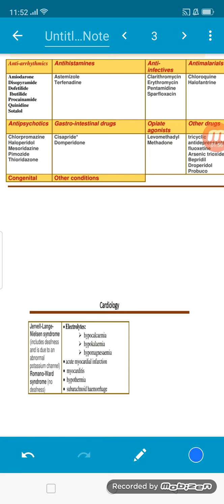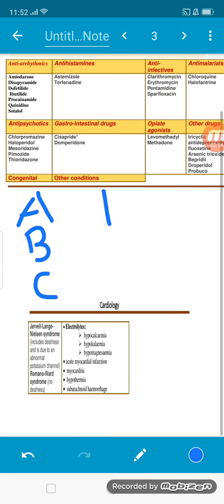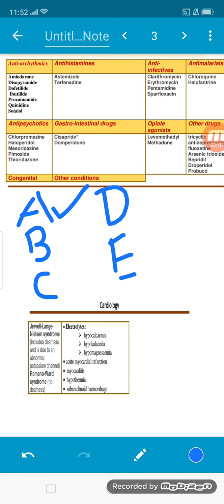So there are different types of long QT syndrome. One is acquired and the other is congenital. Let's talk about acquired. Acquired is caused mainly by drugs. And what are those drugs? We remember these drugs by a formula: A, B, C, D, and E. The A stands for antiarrhythmics.